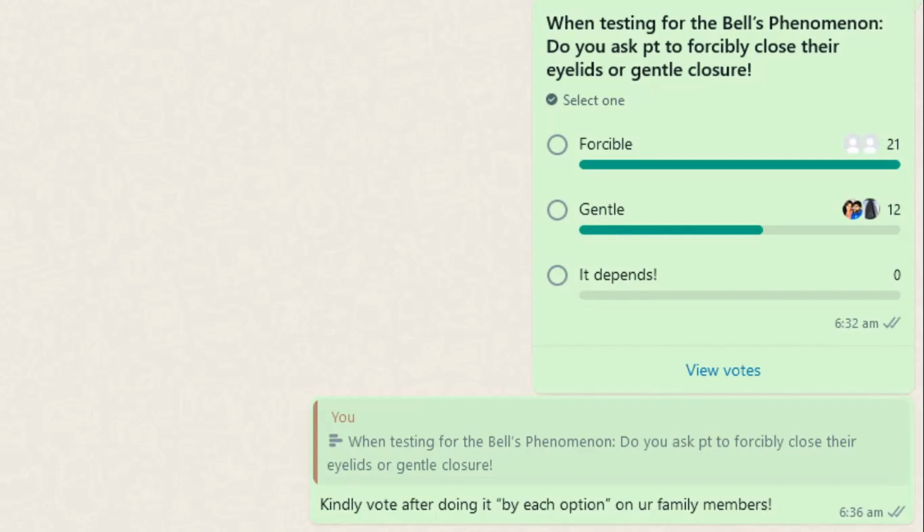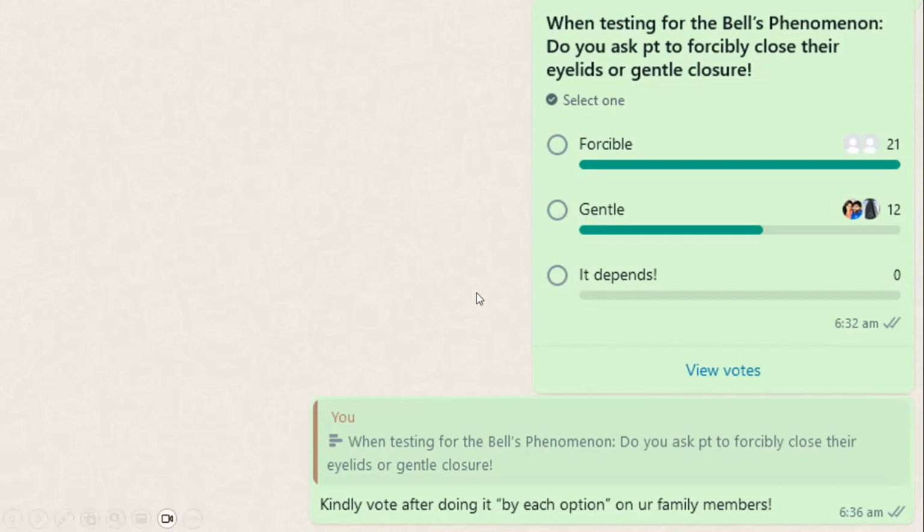Okay, so definitely those who voted for forcible, they found it in references. They have seen their mentors or their seniors doing this, and they are imitating them. And the others who voted for gentle closure definitely have their evidence also. So then I asked you to do this.